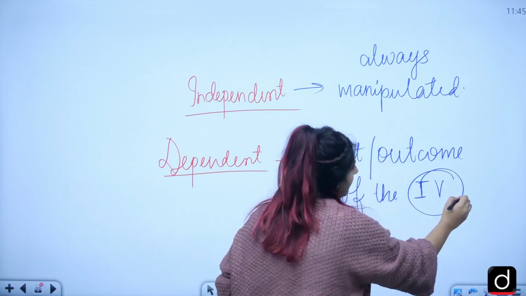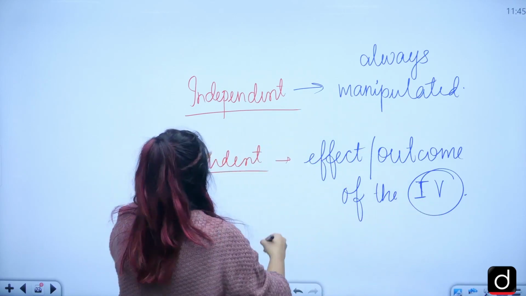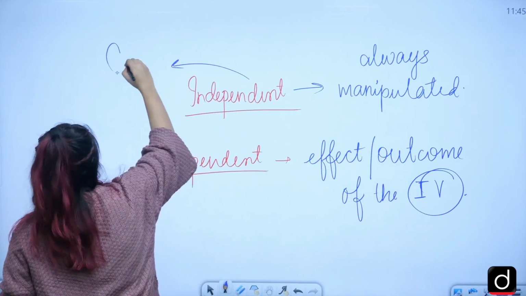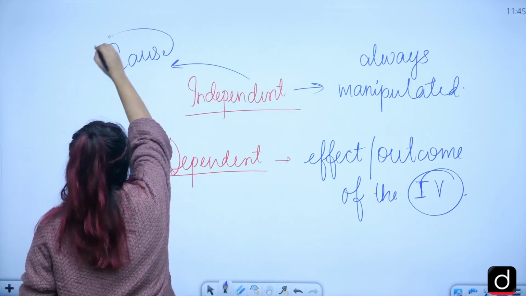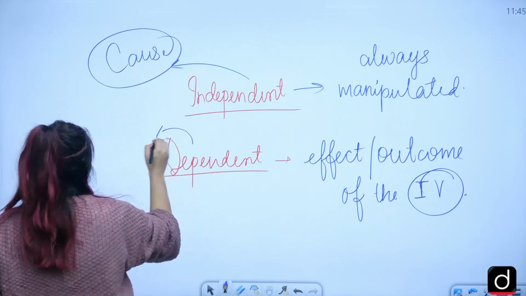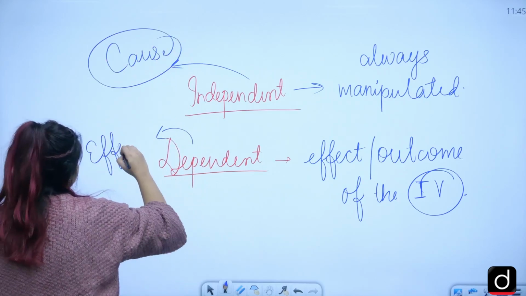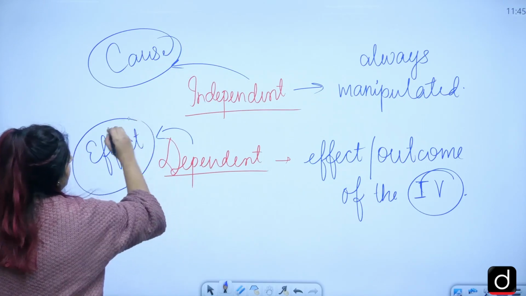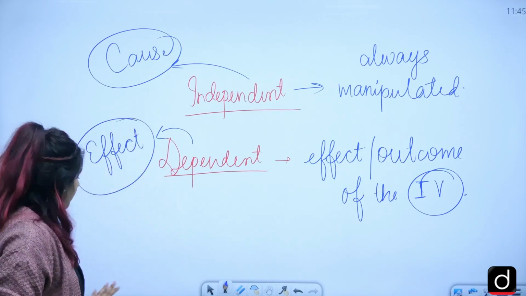So here IV I have written, it means independent variable. The independent variable is the cause, the dependent variable is the effect, basically. Correct? So you can jot this thing down.